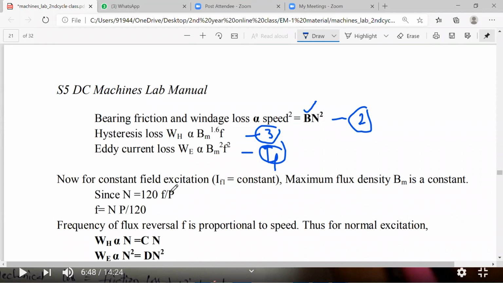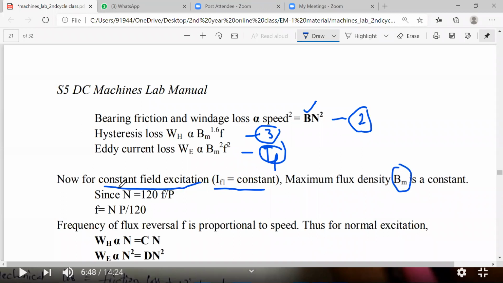Now for a constant field excitation, because while conducting this test we apply rated field current, IF1 is a constant. So constant field excitation means IF1 is constant, so B maximum is also constant because B maximum depends upon IF1.